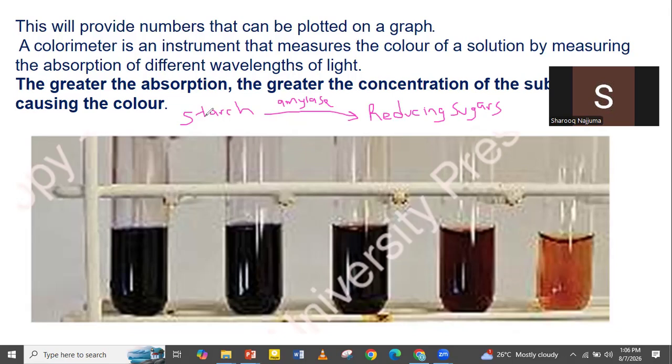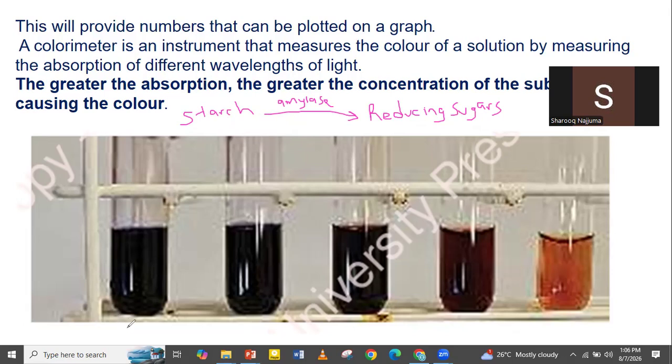So we can test for starch. Remember, to test for starch, you simply use iodine solution. To test for reducing sugars, you use Benedict's solution. But according to this picture, you can see that they tested for the presence of starch. So as the reaction goes on, test for the presence of starch at different time intervals.